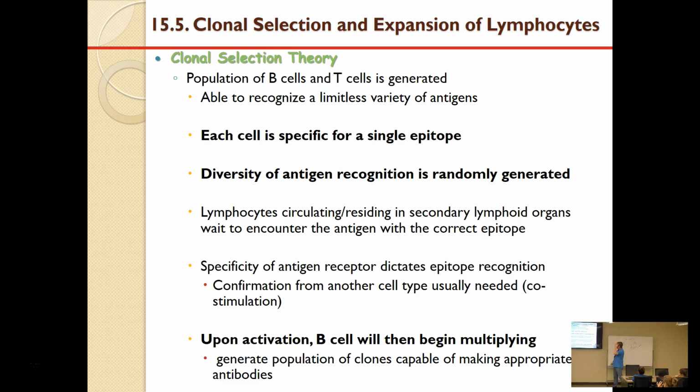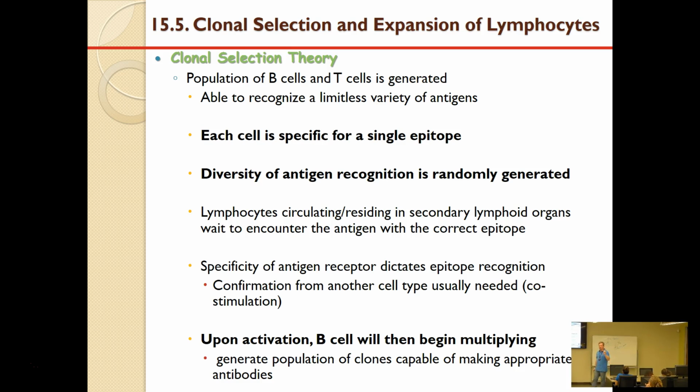So, able to recognize a limitless variety of antigens. Remember I told you that if 10 amino acids is all it takes, but there's 20 amino acids, it becomes 10 to the 20th power, so it's 10 with 20 zeros on it. While it says limitless, technically it's 10 to the 20, but that's a pretty ridiculous number. Each cell is specific for only a single epitope.